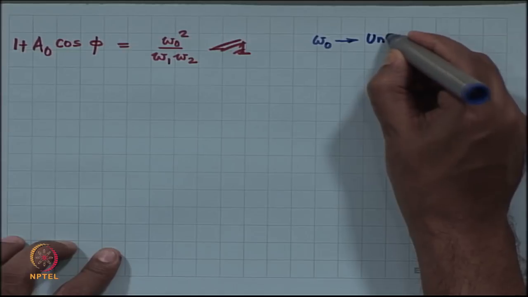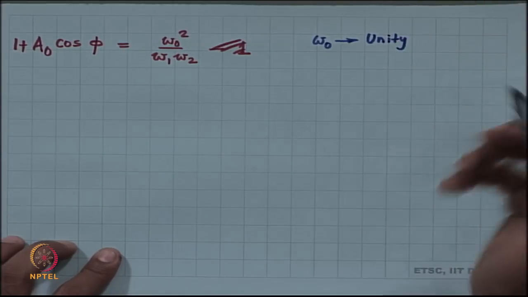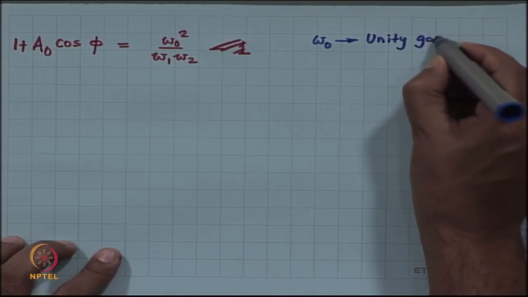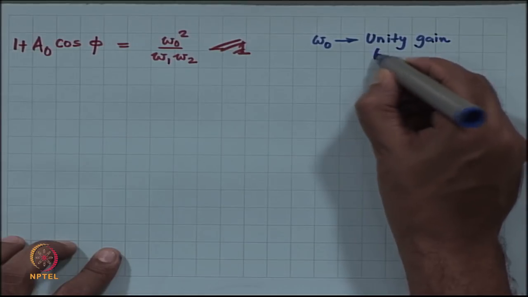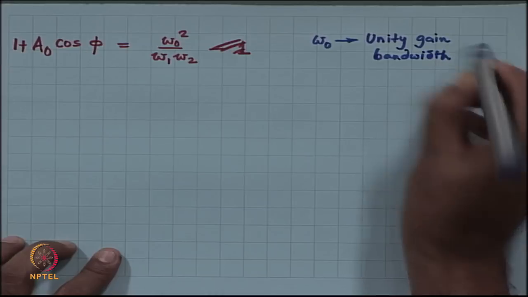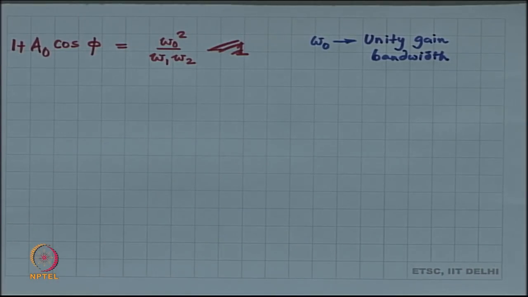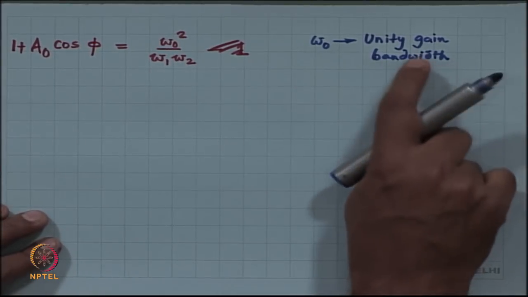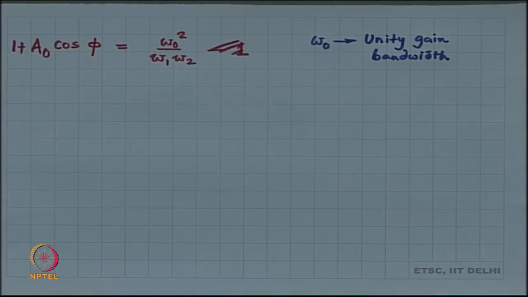Right, the frequency at which the gain was 1. So, it is called unity gain bandwidth. All right. So, at that frequency the gain is equal to 1, magnitude of H of j omega was equal to 1, that was my definition of omega naught.